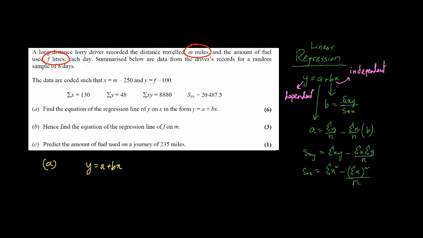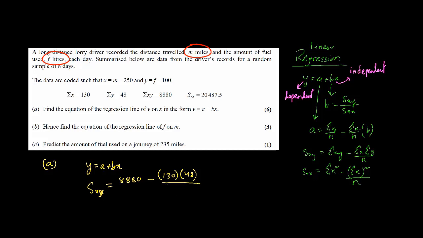For that we need sum of xy divided by sum of x. If you look here, sum of x is already given, so all we need to do is calculate sum of xy. Summation of xy is 8880 minus summation of x, which is 130, times summation of y, which is 48, divided by number of data.